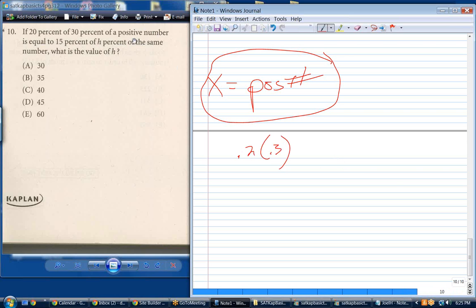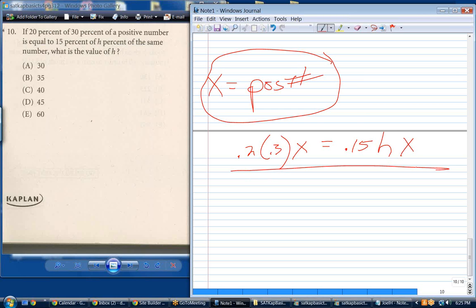Of a positive number, so there's something else, times what? Of always means multiply. Times x equals 15% times h, which is 0.15 times h of the same number. Another multiply.